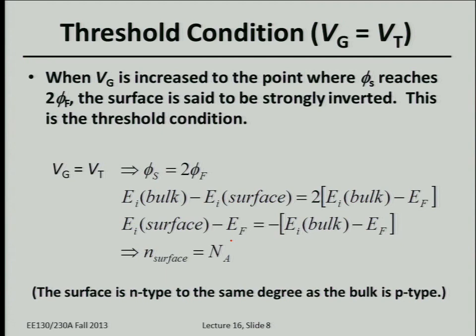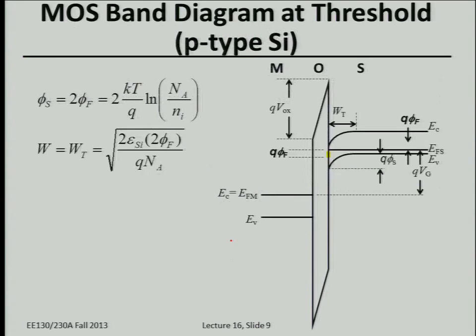If we skip down, we're bending the bands in the silicon. By applying enough gate voltage, we can induce this voltage drop in the silicon. If that voltage drop is enough, the Fermi level is very close now to the conduction band edge, so the surface becomes n-type. But in the bulk, the Fermi level is close to the valence band edge, so the bulk is p-type.